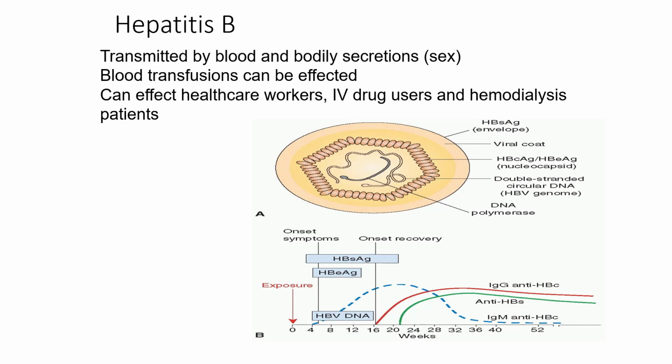So here again, you have the picture of the virion itself, and here we have the map of exposure to acute and then the recovery phase. And again, it's a long progressive illness, up to 25 weeks. So you have the IgM rise early, followed by the IgG later.